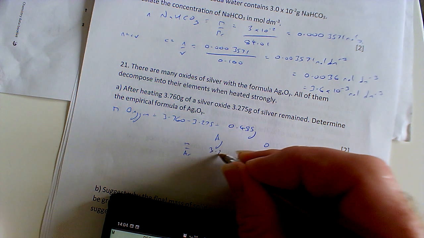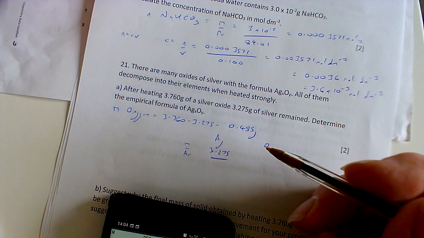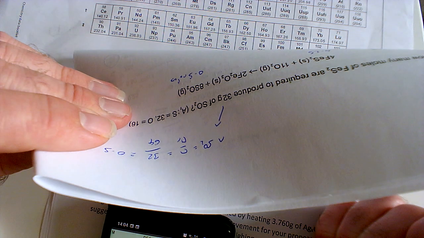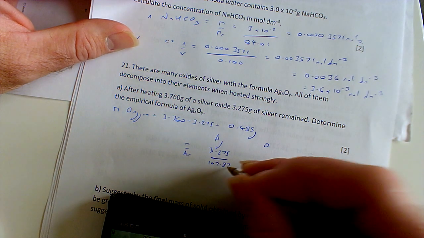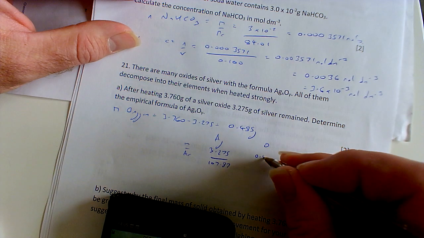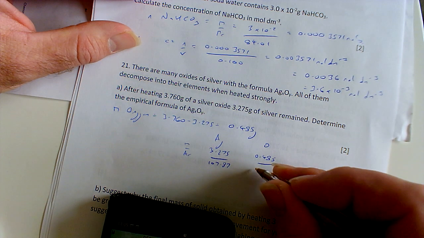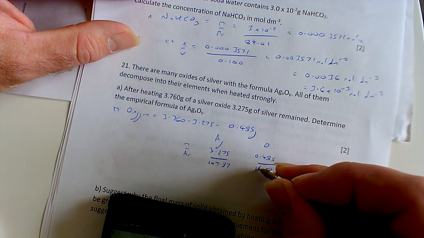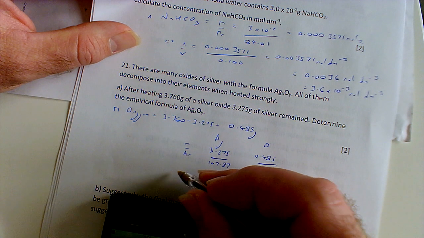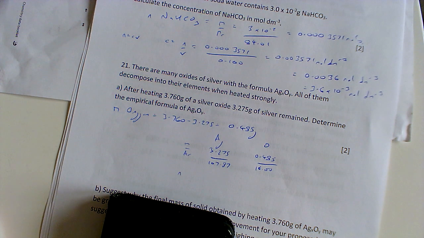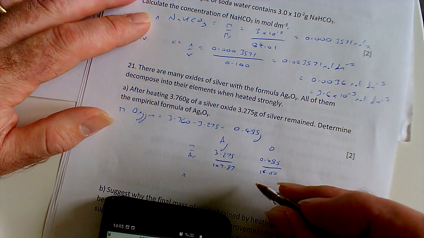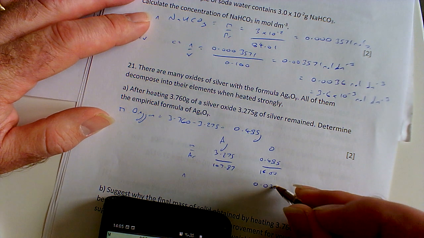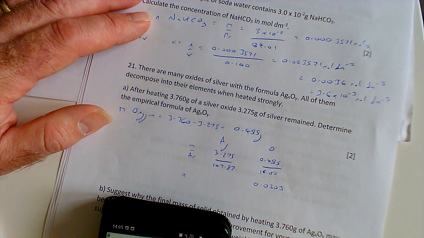So that's 3.275 divided by relative atomic mass of silver, which is 107.87. And then we've got 0.485 grams of oxygen divided by the relative atomic mass of 16, precisely, using our periodic table. So divided by 16, that comes to 0.0303.